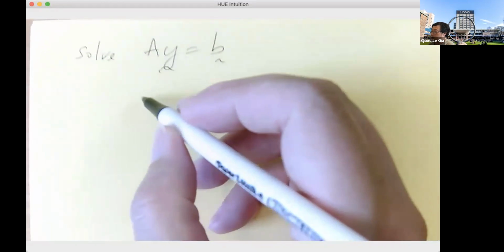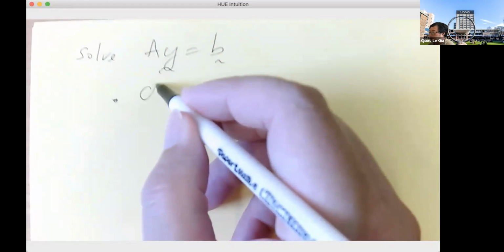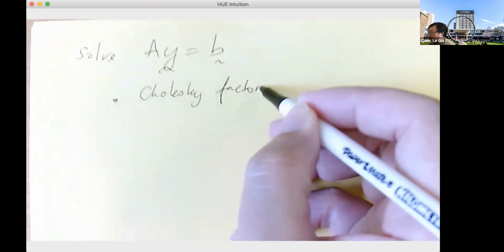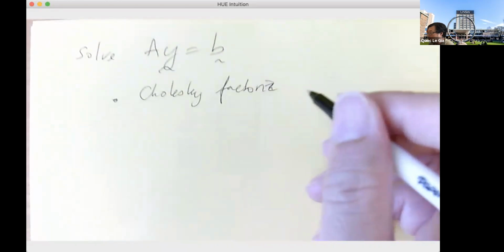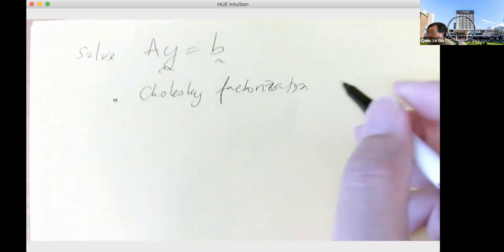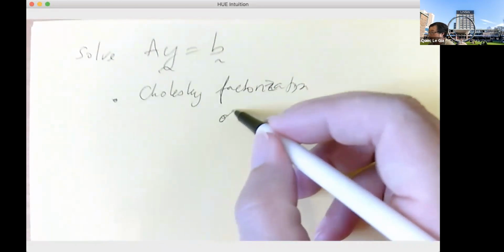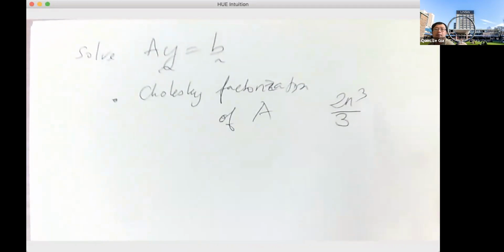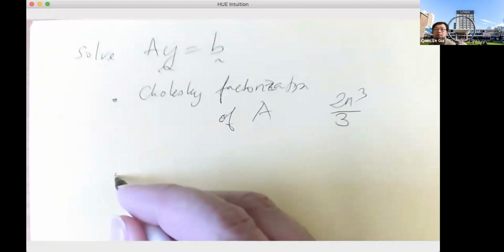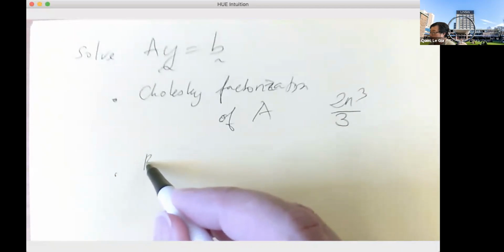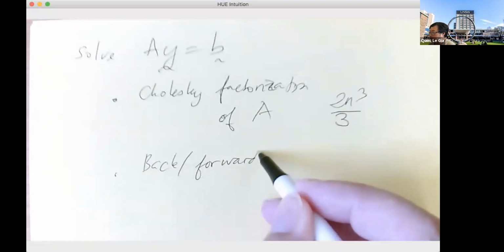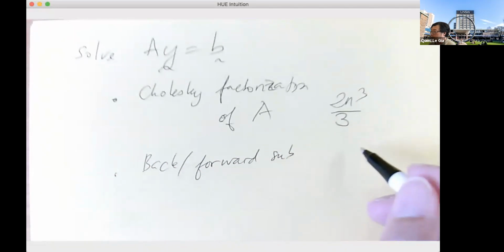Suppose you use Cholesky factorization of A, and it takes n cubed over 3. You use back and forward substitution, and you get 2n squared.